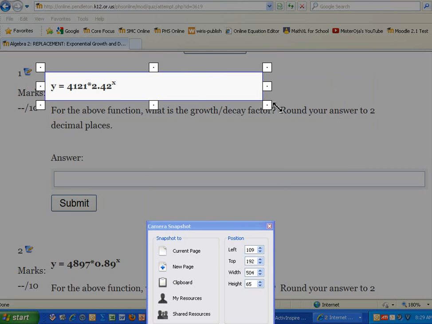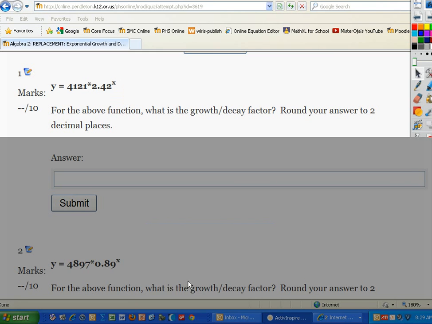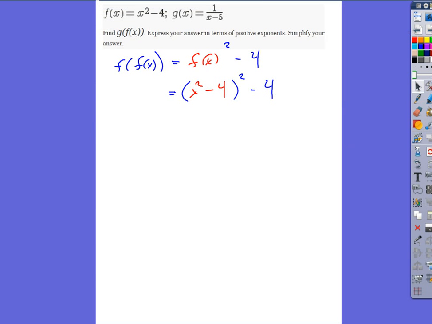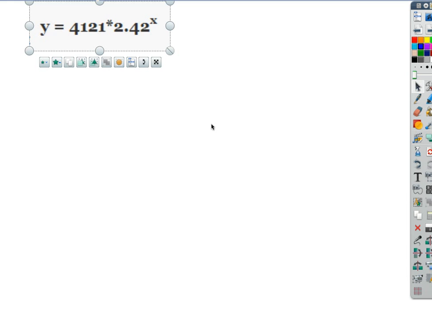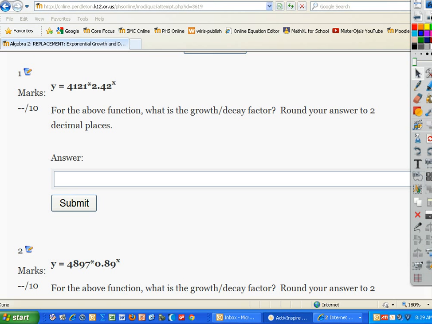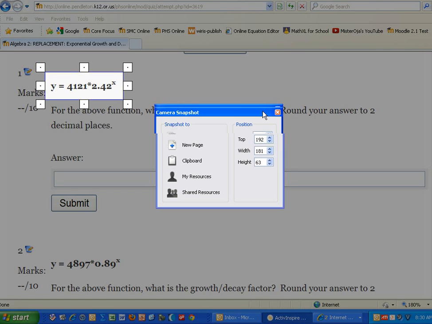Okay, so there's the function that we're looking at. And the question that we're asking ourselves is, what's the growth or decay factor?